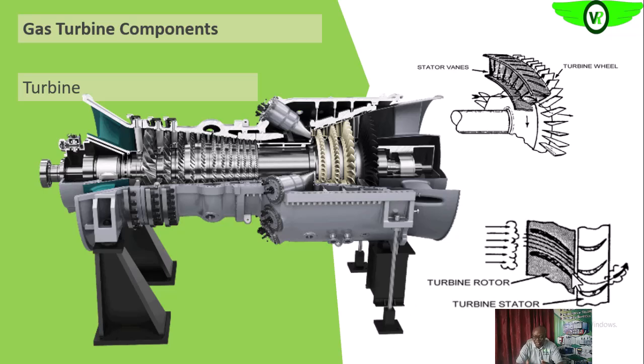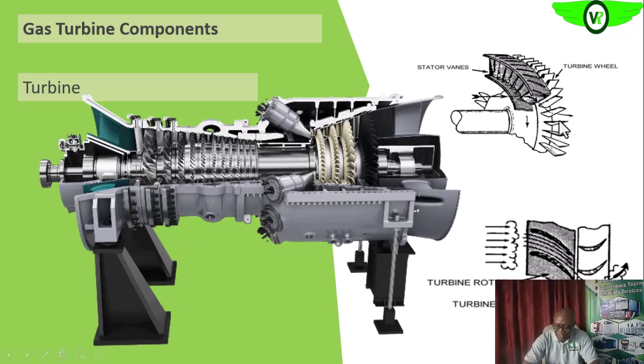Okay, so a combination of this impulse and reaction will make the blade turn, and helps to convert the kinetic energy in the combustion product into rotating mechanical energy. So that is exactly what is happening here. This is the rotor, this is the stator.